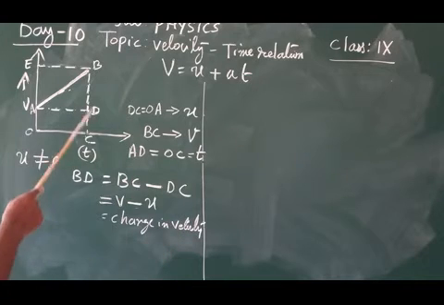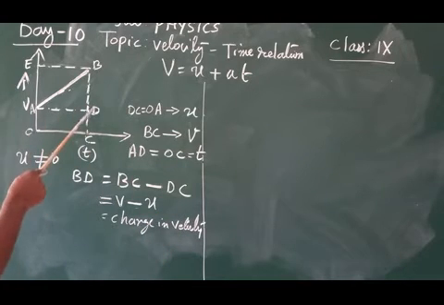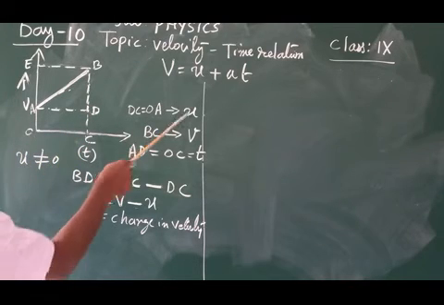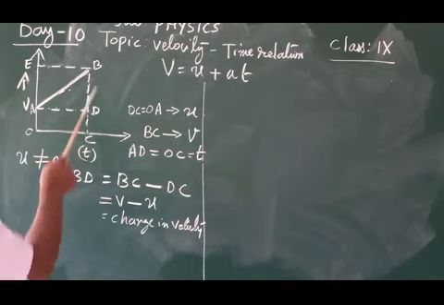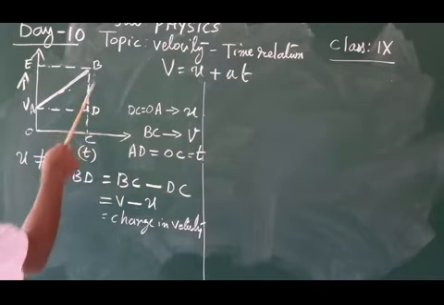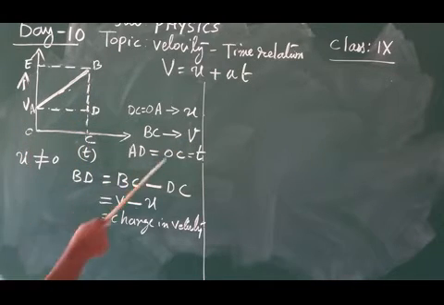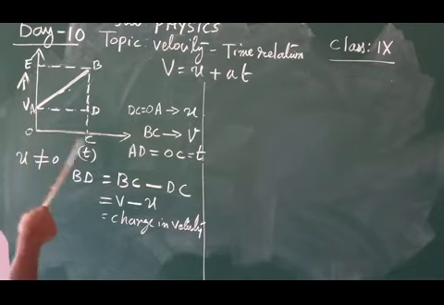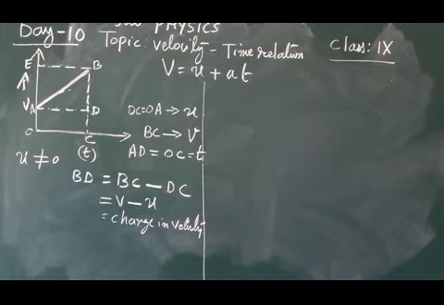Let me repeat: DC and OA are equal, the initial velocity. BC is the final velocity. AD and OC are equal, that is the time interval.